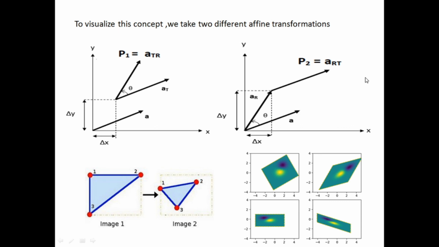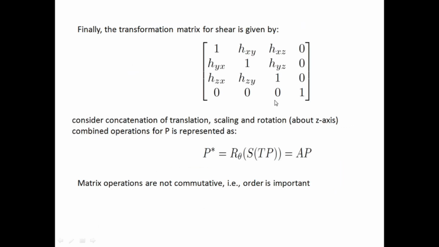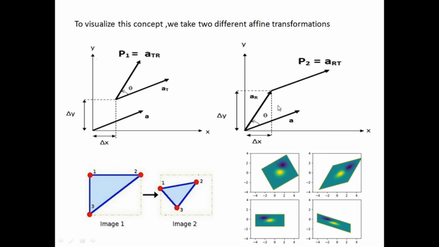Can I say the transformation matrix operation will be commutative? What we need to be cautious about here is that the order of the transformation also plays a vital role. Why?